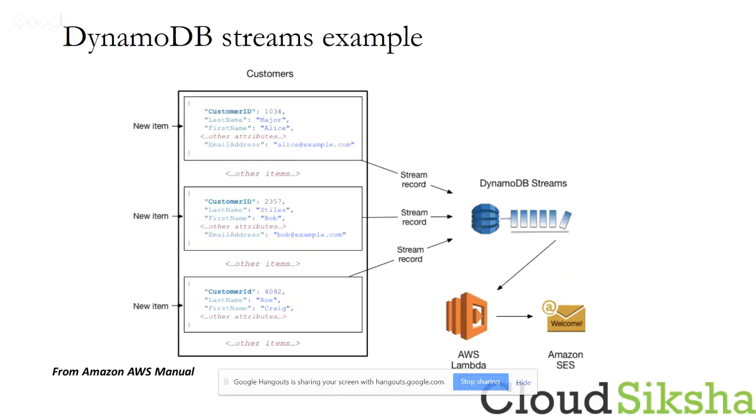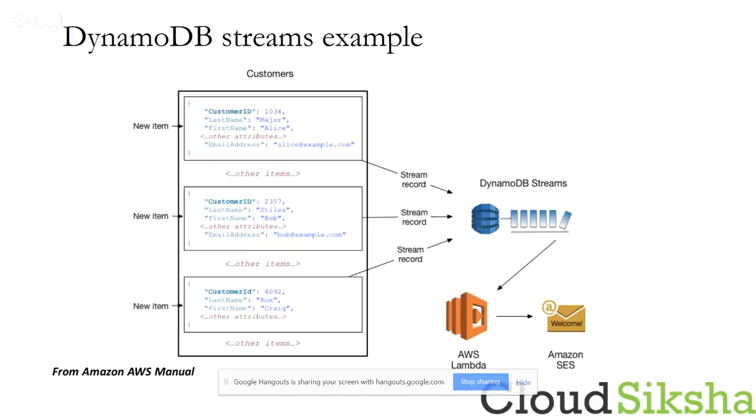An example of this, which is given in the Amazon manual also, is that let's say you are using DynamoDB to store the names of people who are subscribing to your site. So somebody subscribes to your product or your site. As soon as somebody newly subscribes, you insert that person's name into the table.